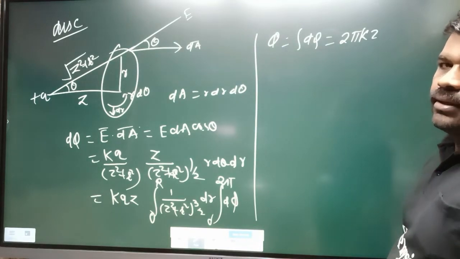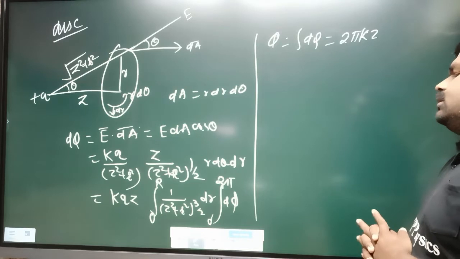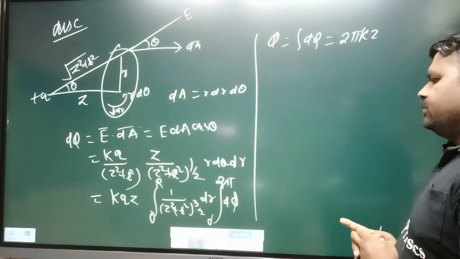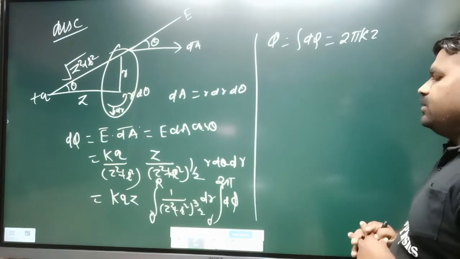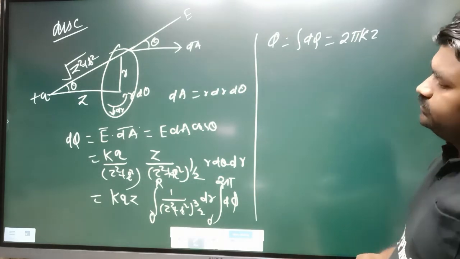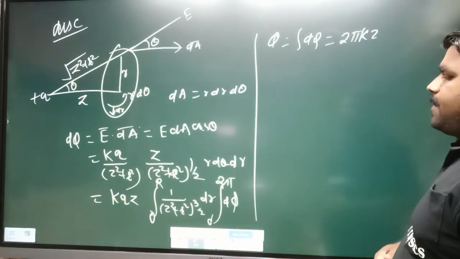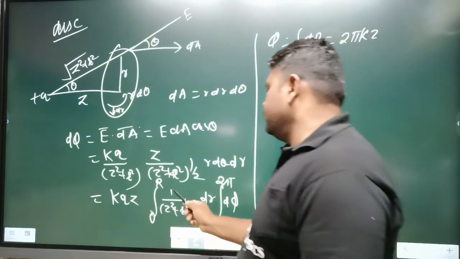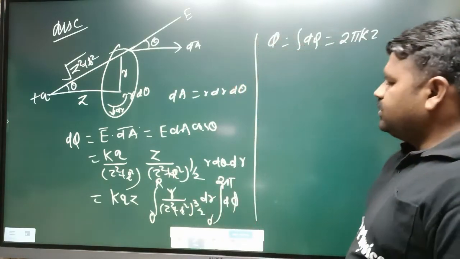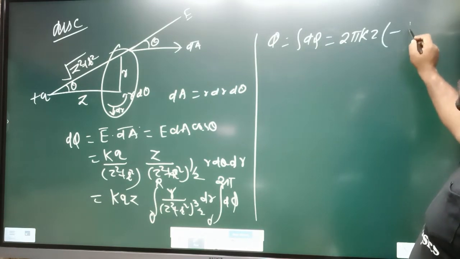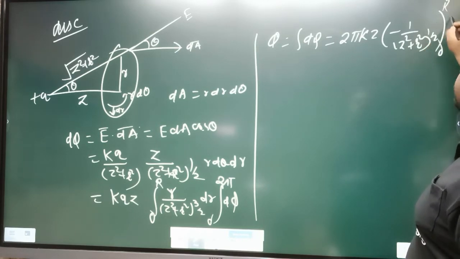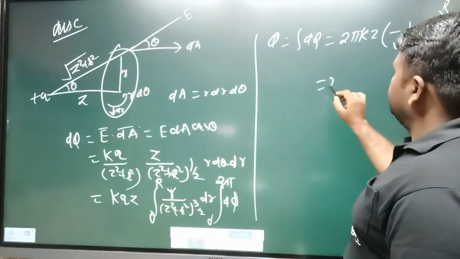How to solve this one? Here, this one is a nothing something, so we can use the substitution. After integrating, we get minus 1 upon (z square plus r square) bracket to the power 1 by 2, limit 0 to capital R. And this is equal to how much? 2 pi kz.